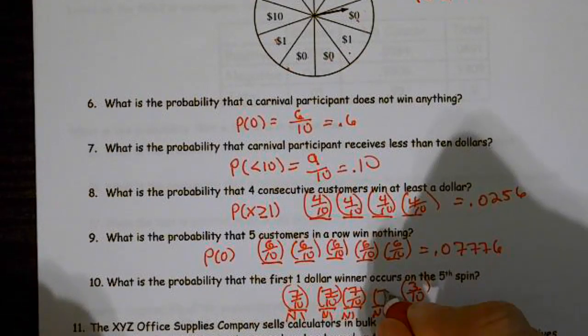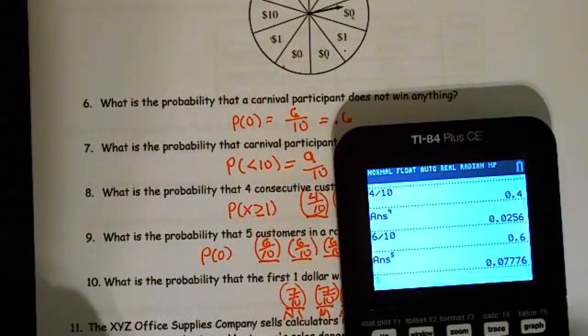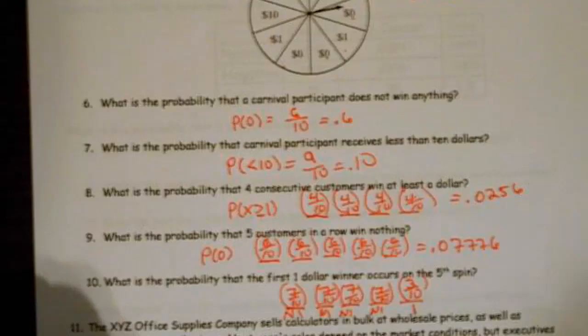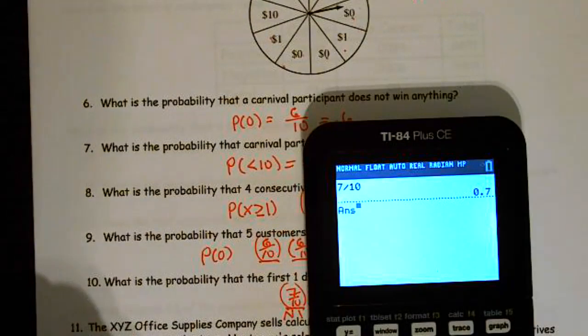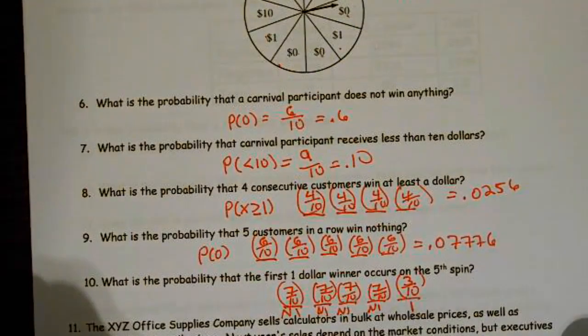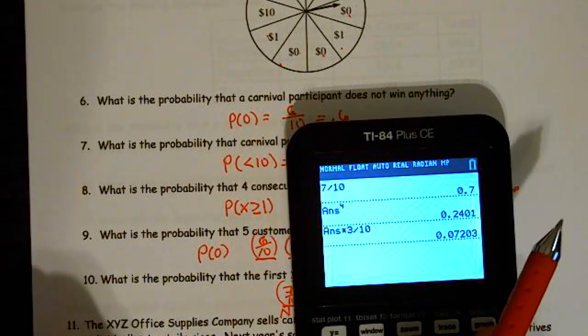I'm going to show you what I'm going to do. So I have 7 tenths, 7 divided by 10. But I needed 1, 2, 3, 4 of those, so I'm just going to raise that to the 4th power. And then I'm going to multiply that times 3 tenths, so times 3 divided by 10. And I get 0.07203.